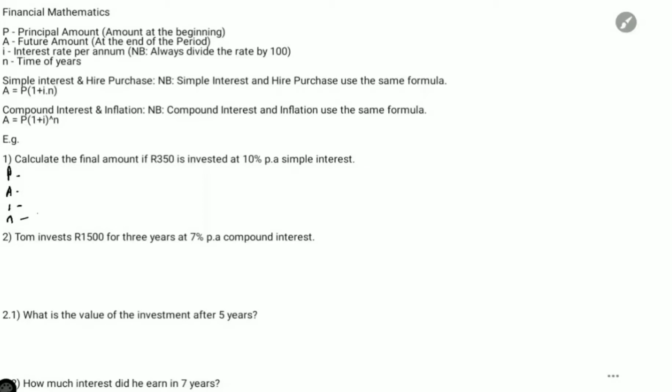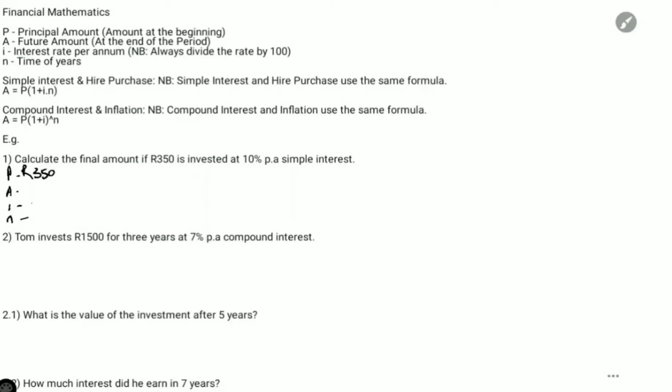It says calculate the final amount. If we know our definitions, we would know that the final amount is A. They say 350 is invested, so we write the 350 there.